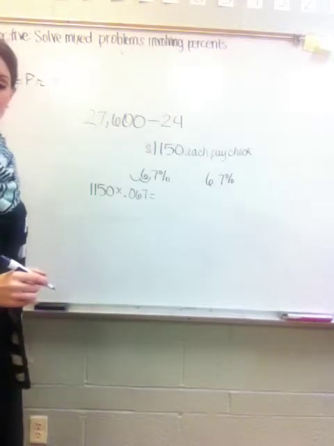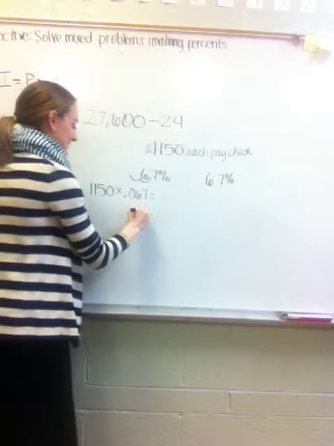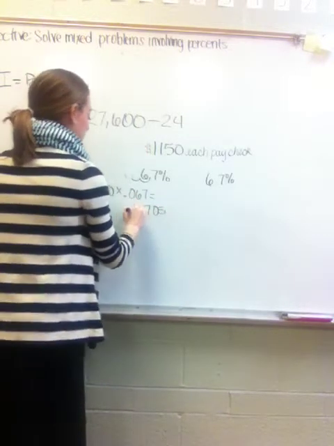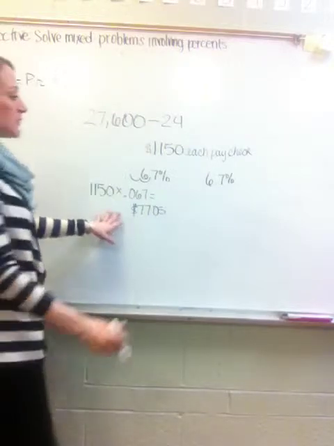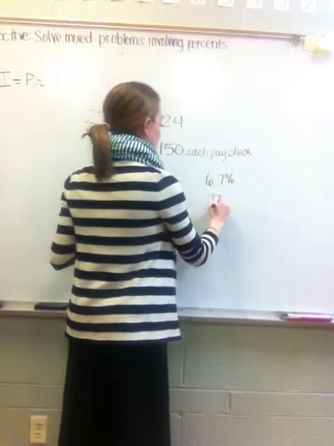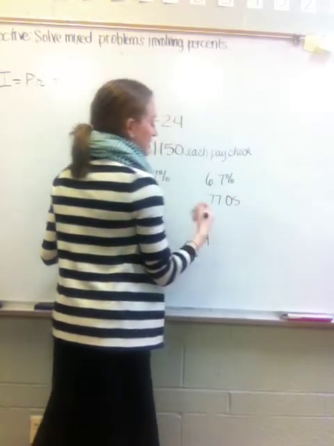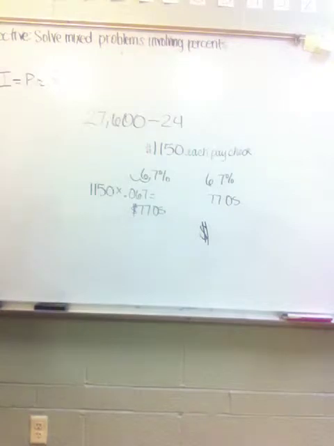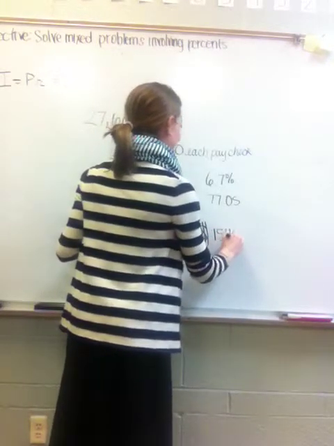Crunch that. 77.05. It's in the book. So, she pays this, but her employer also pays $77.05. So, all together, how much is contributed to her account? $154.10.